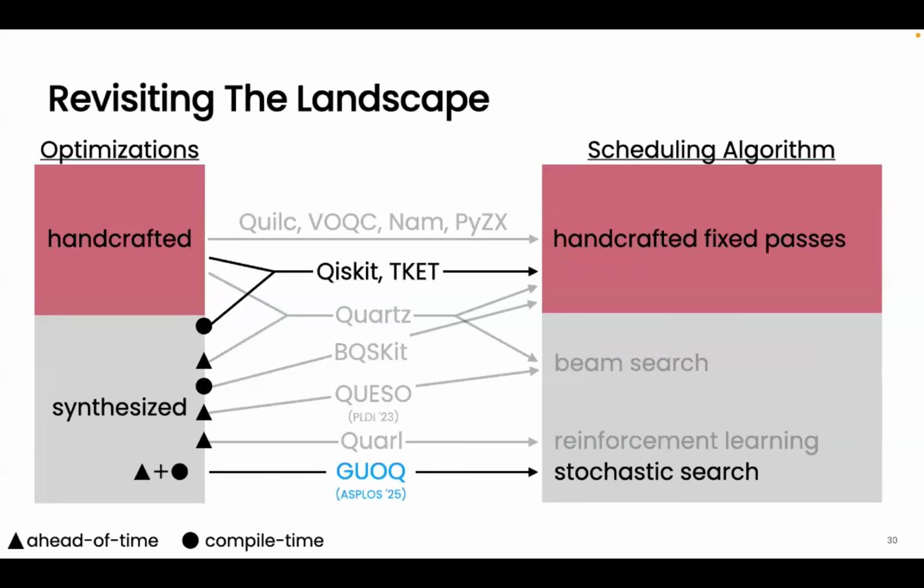And if we revisit our landscape here, none of the tools are really using both of these, except Qiskit and Tket, which touch both the handcrafted and compile-time synthesized region, but they're applying these in a very fixed, coarse schedule. So the question is, is that really exploiting the synergy that these two optimizations can have?